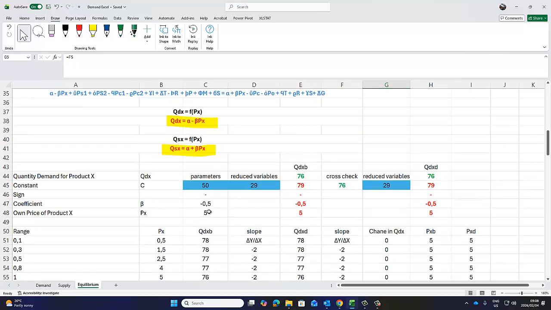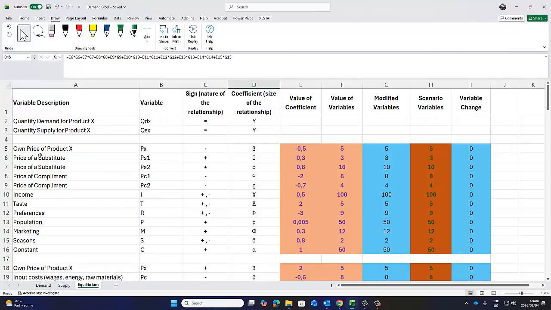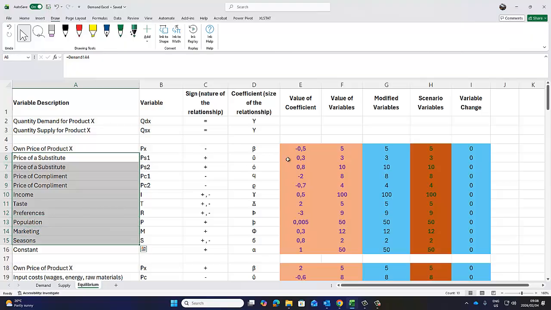So I can calculate that. And that is, okay. First of all, so that's price minus, here's my reduced, the value of my reduced variables. So that's all the variables. So that is the price of the substitute, price of a complement, price. So all these variables I reduce, just calculating them. Because 3 times that, that times that, that times that. So I reduce it, so I only have that variable.